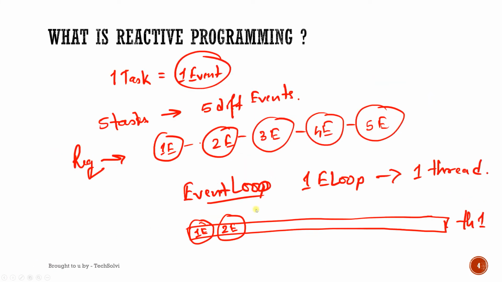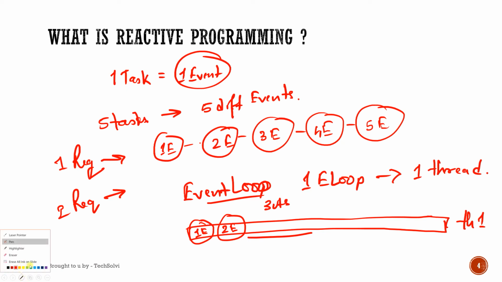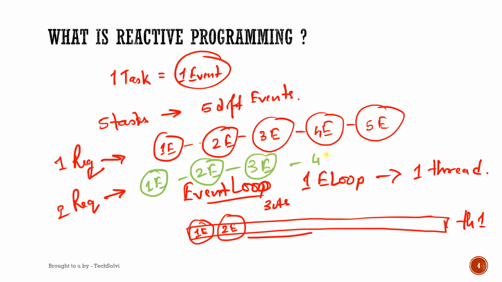So instead of waiting idle for 3 units of time, for another request, say this is request 1, for the second request also it will have 5 events lined up. Let's denote it with a different color. So this is the first event, second event, third event, like that 5 events will be lined up.